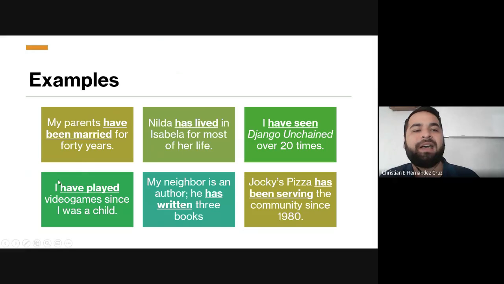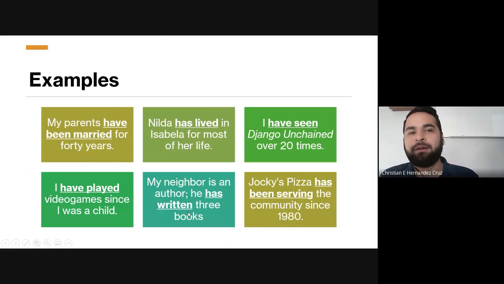I have played video games since I was a child. Once again, we have the main verb play in past tense. We have the auxiliary have. My neighbor is an author. He has written 3 books. Now we're using here one of those irregular verbs in its past participle form.